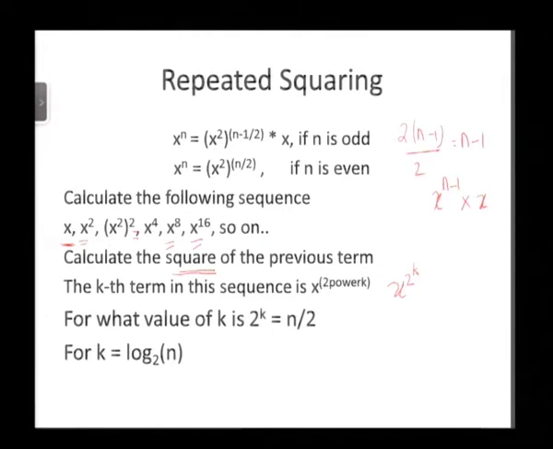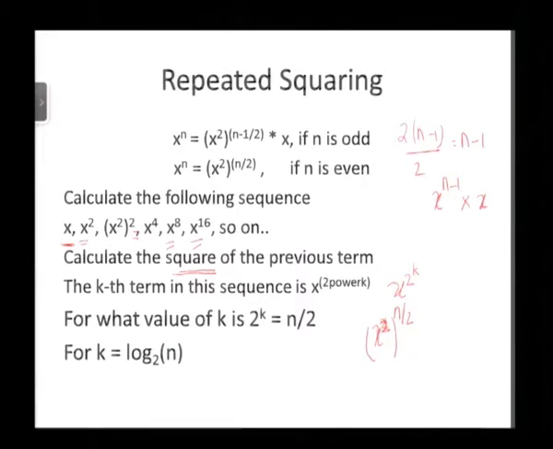and for what value of k is, so what we want to compute is x square whole to the power of n by 2.